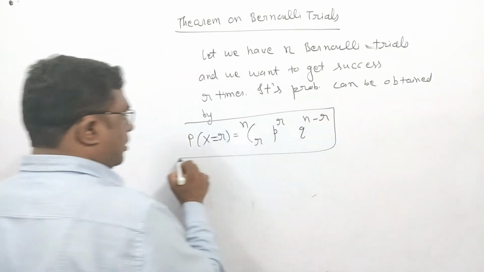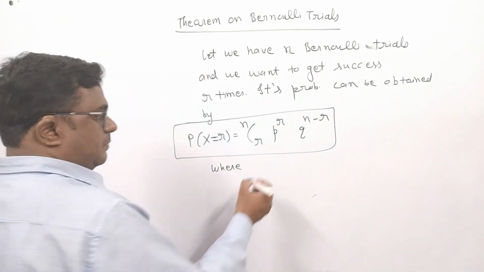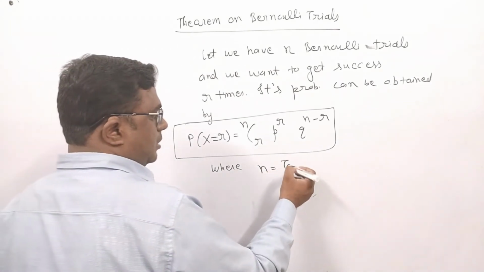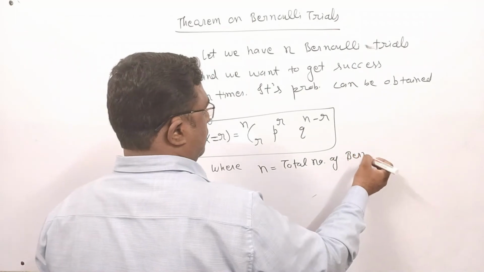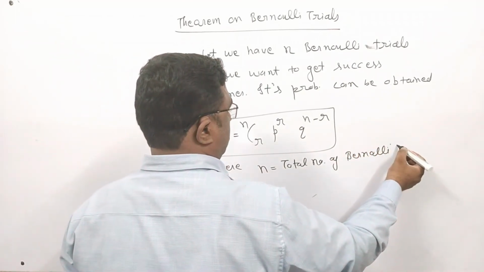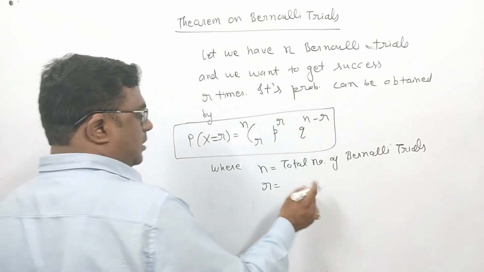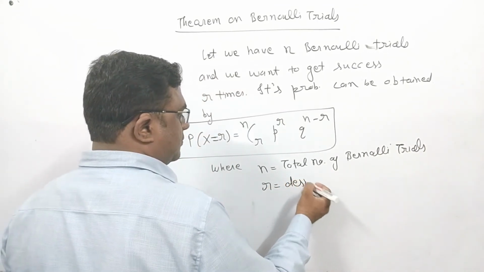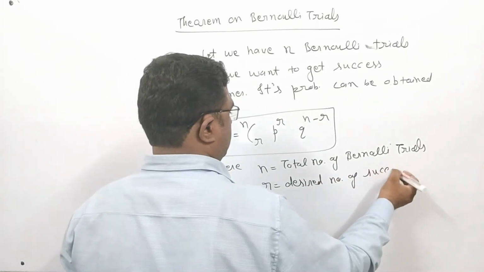Now in this formula or in this theorem, what is the meaning of various symbols? n. What is the n? n is the total number of Bernoulli trials. What is r? r is the desired number of successes.